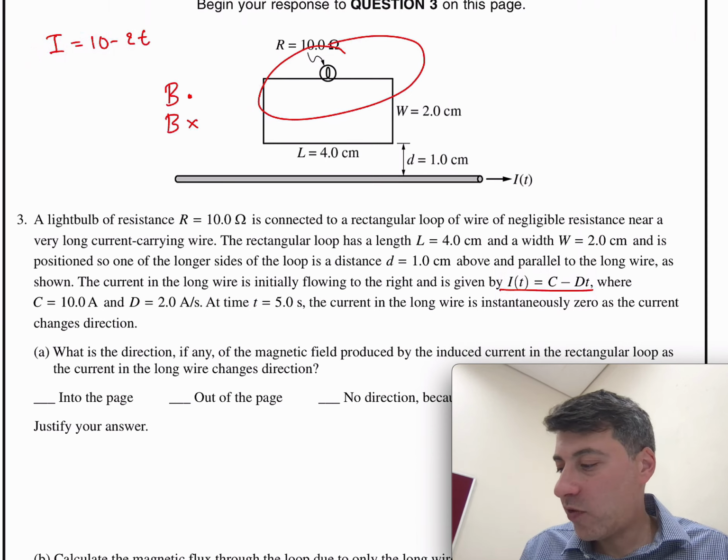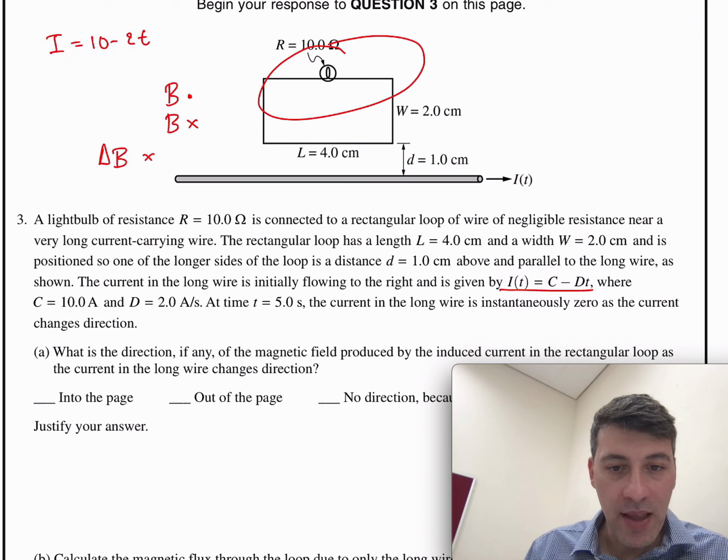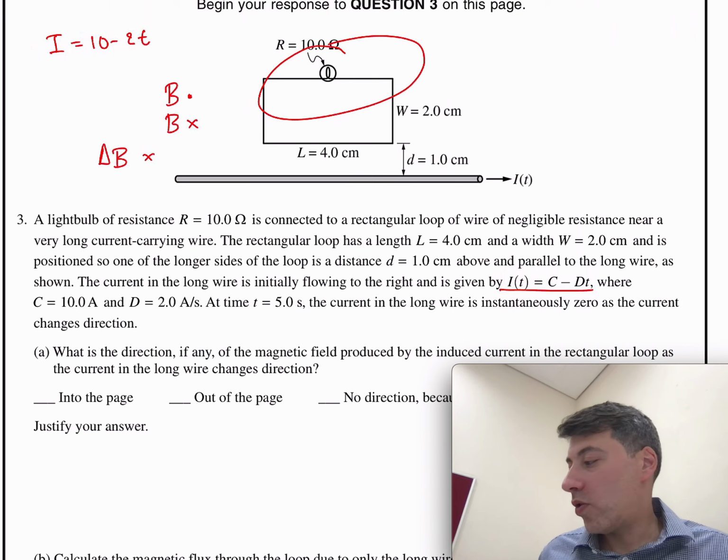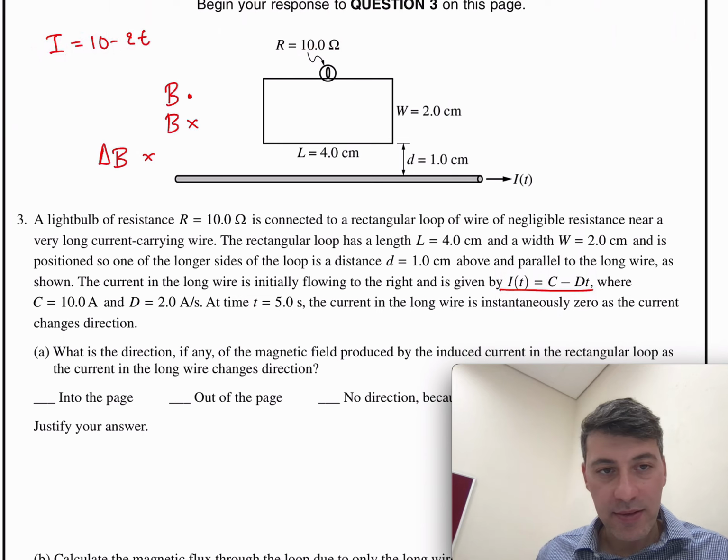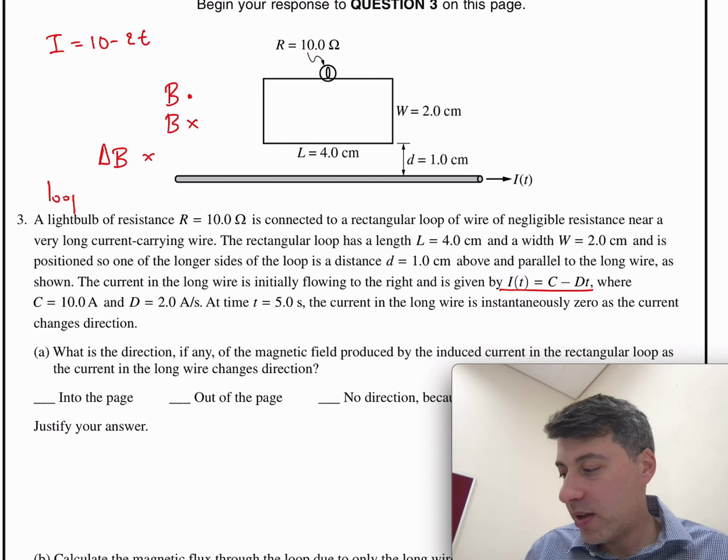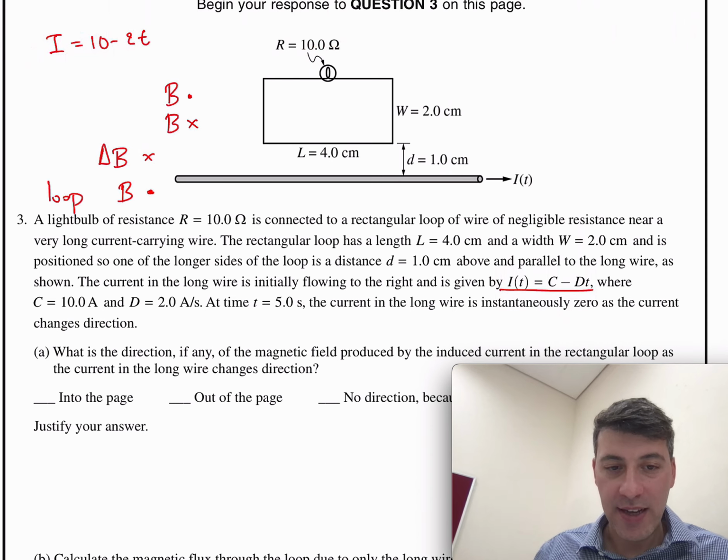So the change of magnetic field is into the page. Now the loop opposes this change, so the magnetic field of the loop is opposite to that, so it is out of the page.